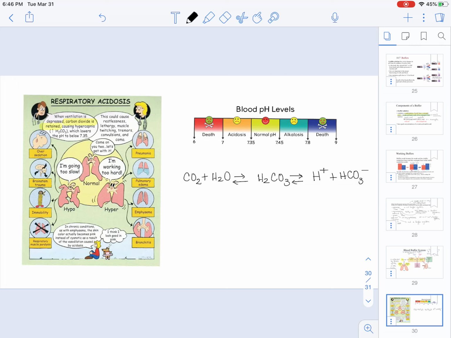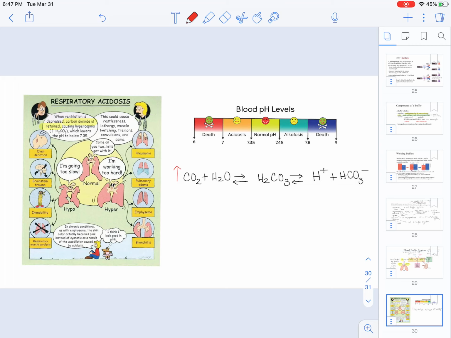So, as the first comment in the cartoon says, we're going to have an increase in the levels of carbon dioxide. If we relate this to Le Chatelier's principle, which we discussed earlier in this chapter, overall we're going to have an increase in the CO2 levels.